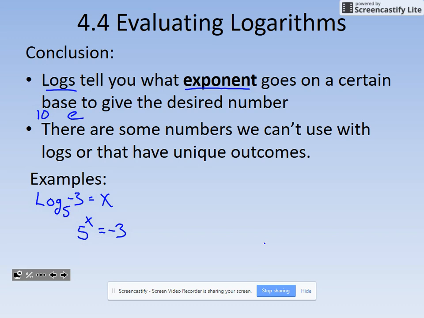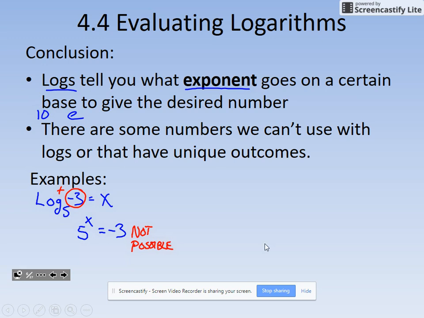And if you think about that for a moment, there is no exponent, a 0, a -2, a +2, there's no exponent you can put on a 5 to make it into a negative number. So this one here is not possible. So this number here must always be positive to work.